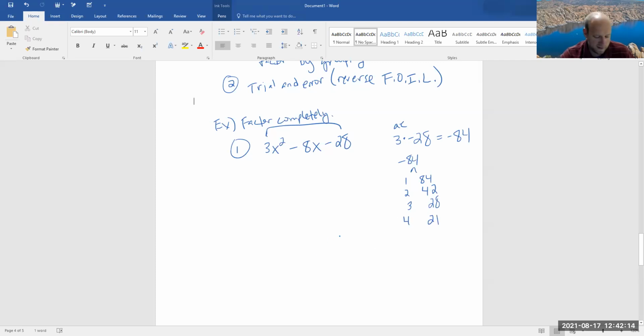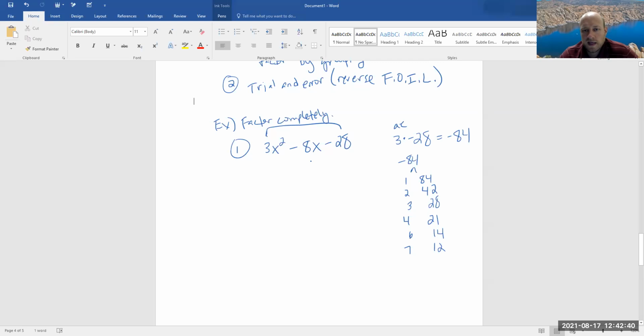Just keep going down the line. 5 doesn't work. 6 does actually. Let's try 7. Yeah, 7 and 12. 8 doesn't work, 9 doesn't work, 10 doesn't, and 11 doesn't. So these are our factors.